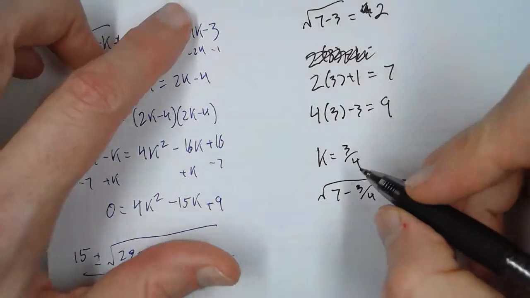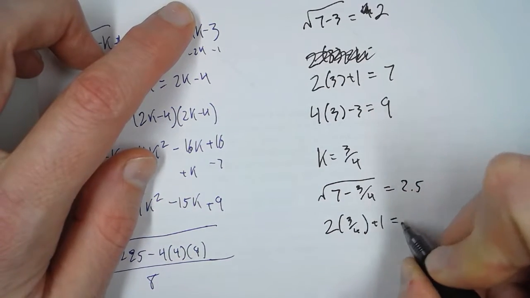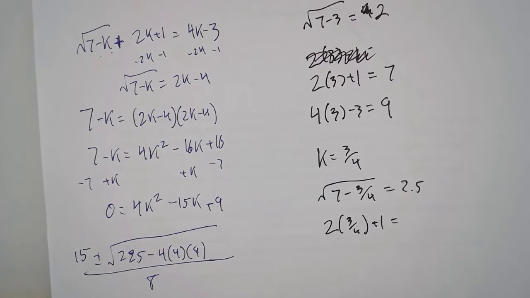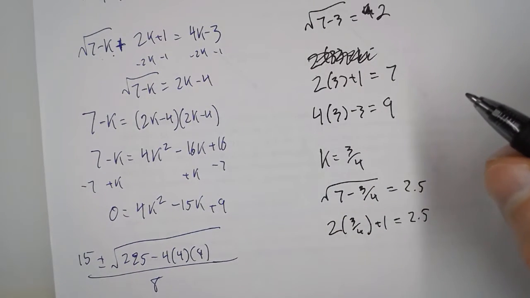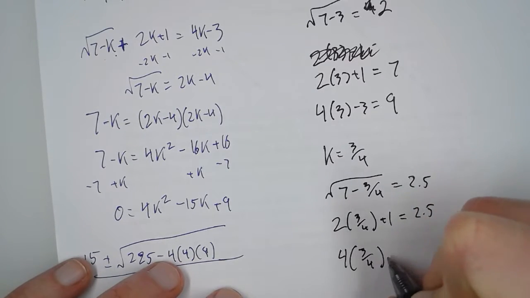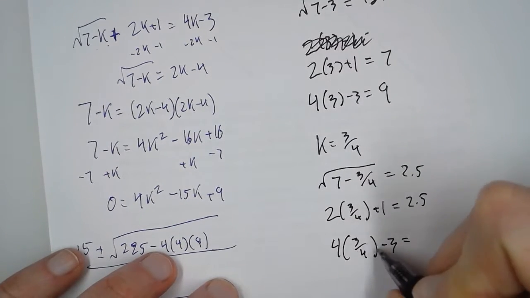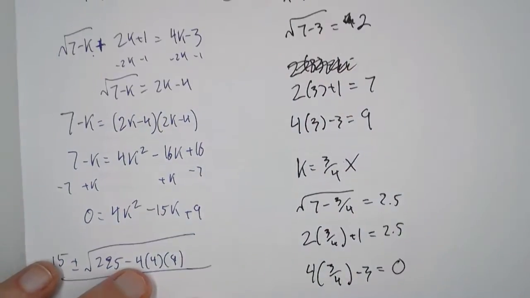Then I plug in 2 times 3/4 minus 4, and we get negative 2.5. And then we get 4 times 3/4 minus 3. Those cancel, and we're left with 0. So that does not work.